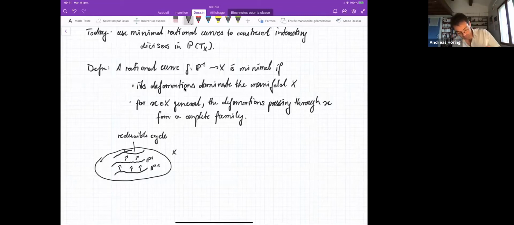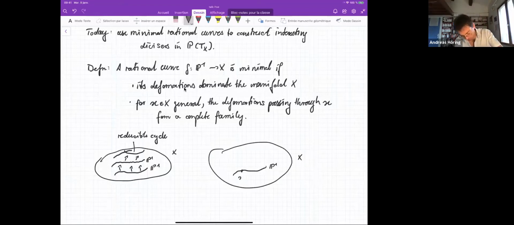Now the second condition: again I have my manifold, and now I have the curve. I fix some general point on the curve, and now I deform, keeping this point fixed. For this smaller family of deformations, I suppose that this accident where it becomes a reducible cycle does not happen.